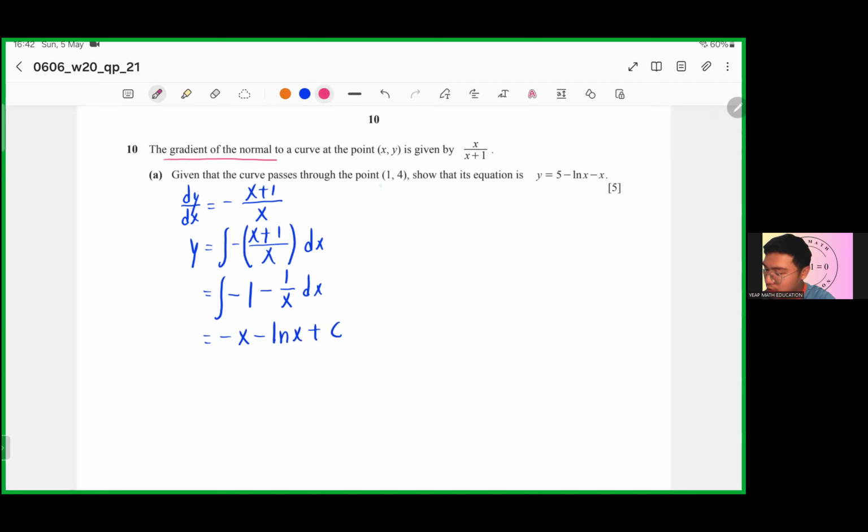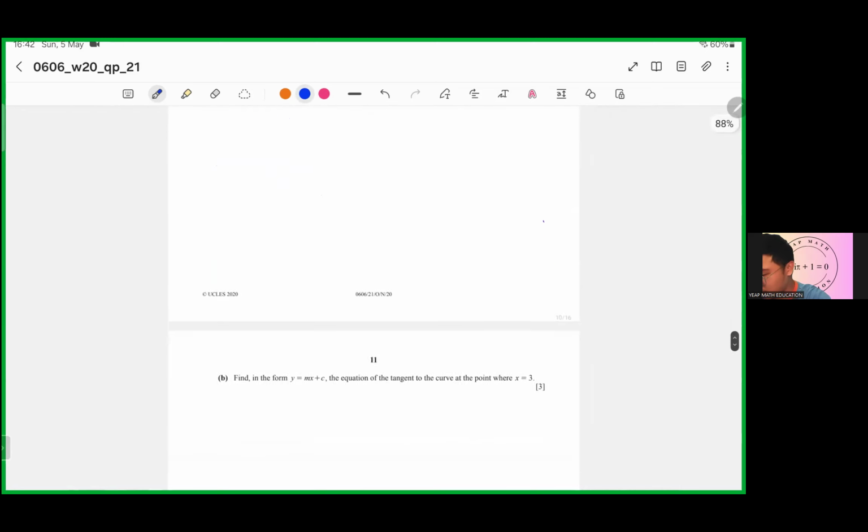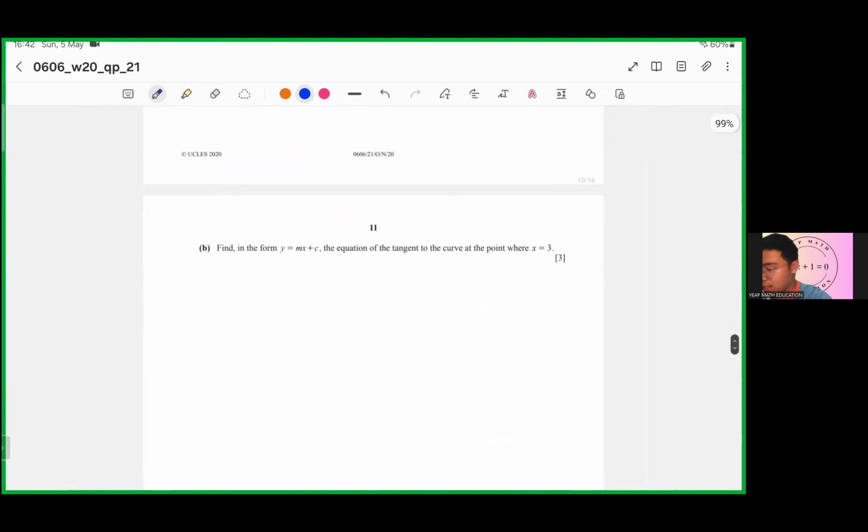Then using the point: 4 equals negative 1 minus ln 1 plus c. So 4 plus 1, and this is 0, equals c, so c is 5. So y equals 5 minus ln x minus x. Now we look at the next part. Find, in the form y equals mx plus c, the equation of the tangent to the curve at the point where x equals 3.